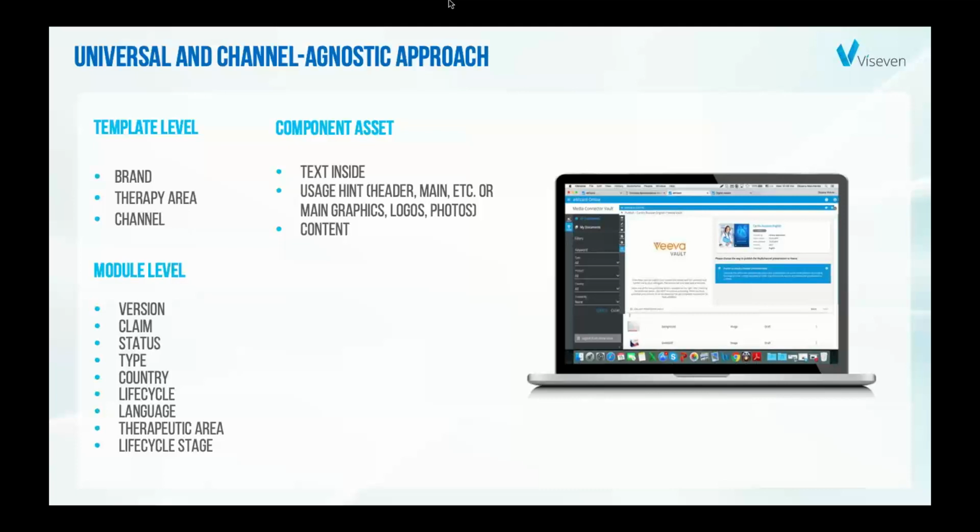So with this combination of three pillars, we can come up with a very insightful way of how the modules and the content can be tagged in order to be further tracked.